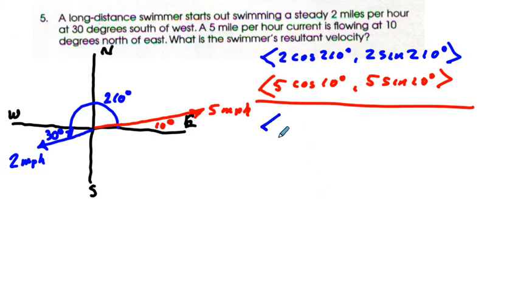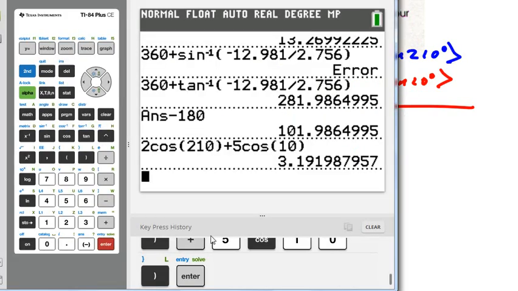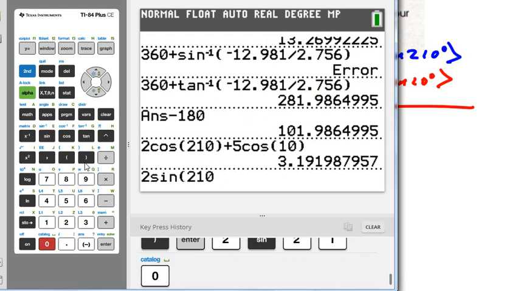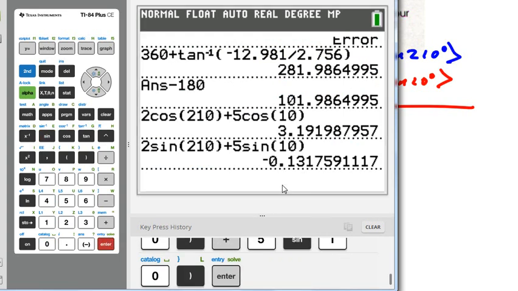So 3.192, comma, and we come here and we're going to put 2 sine of 210 degrees plus 5 sine 10 degrees. And for that we get negative 0.132, we'll call it negative 0.132.